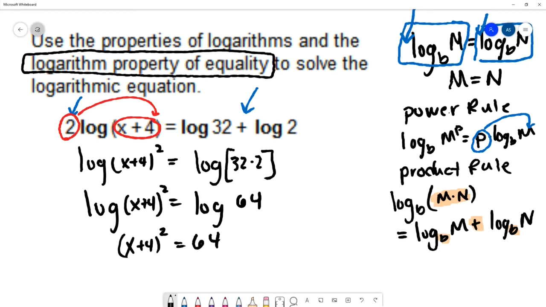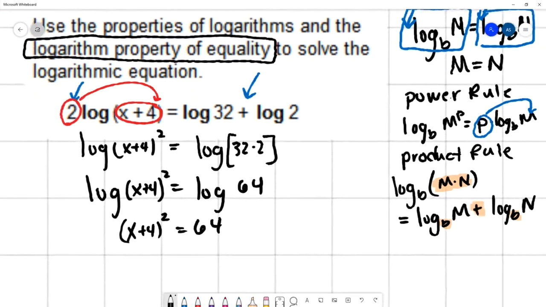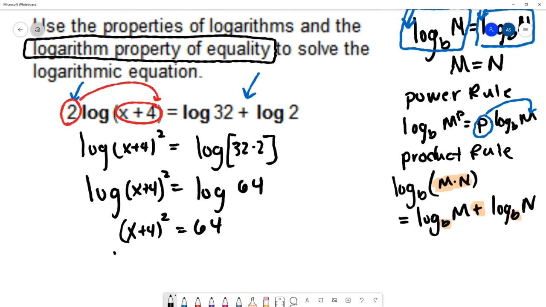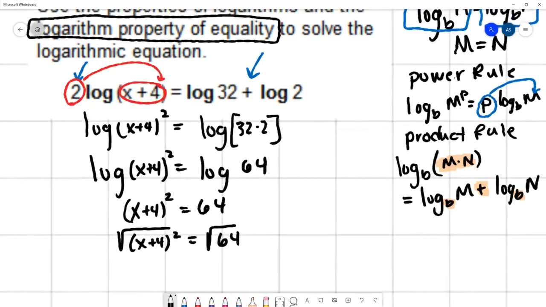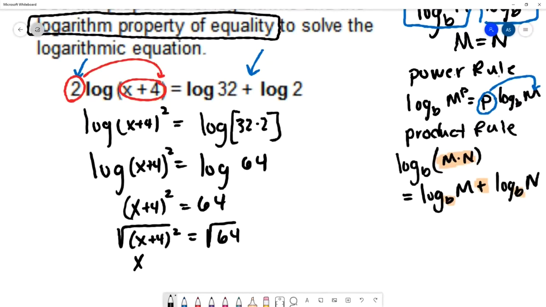And we can solve for x by taking the square root of both sides. The square root and the square cancel each other out, leaving us with x plus 4 equals plus or minus the square root of 64, and that's 8.